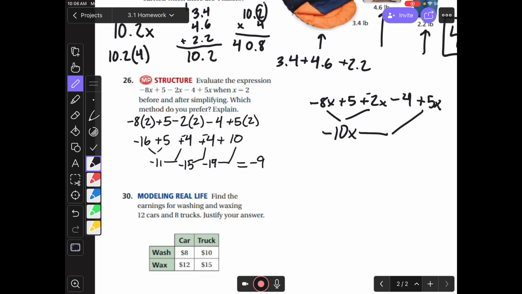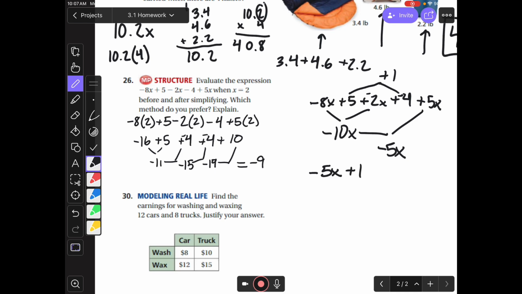We would then combine the other x with it. Negative 10 plus positive 5 would result in a negative 5x. Combining our constants here, 5 plus negative 4 would be positive 1. So our simplified expression would be negative 5x plus 1.